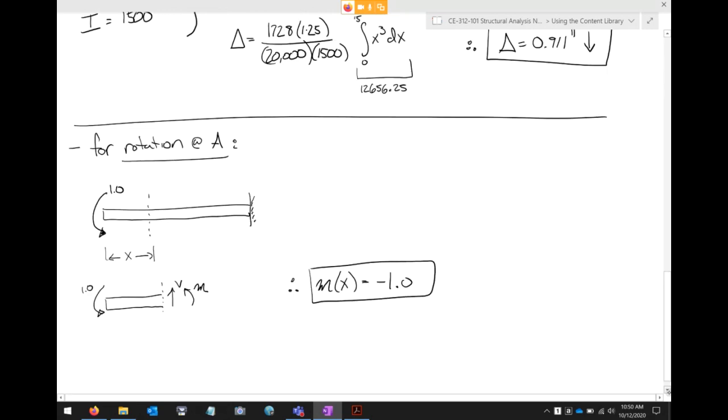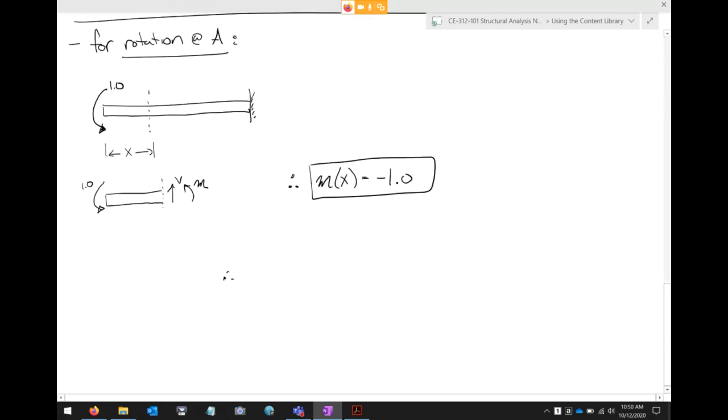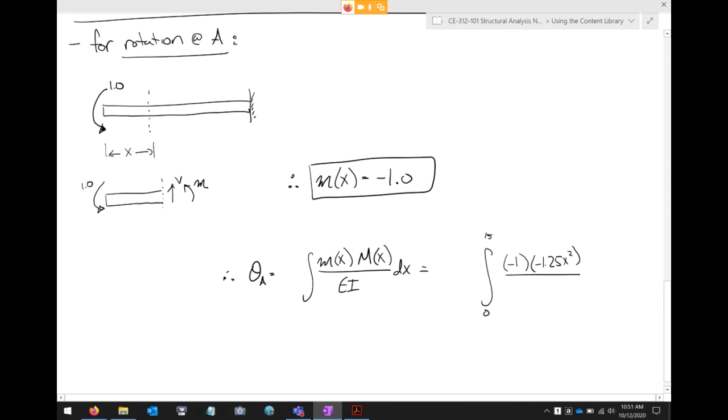And to determine the rotation at A, what you're going to do is integrate m of x over EI, which is going to be the integral from 0 to 15 of minus 1 times minus 1.25 x squared over 20,000 times 1,500.